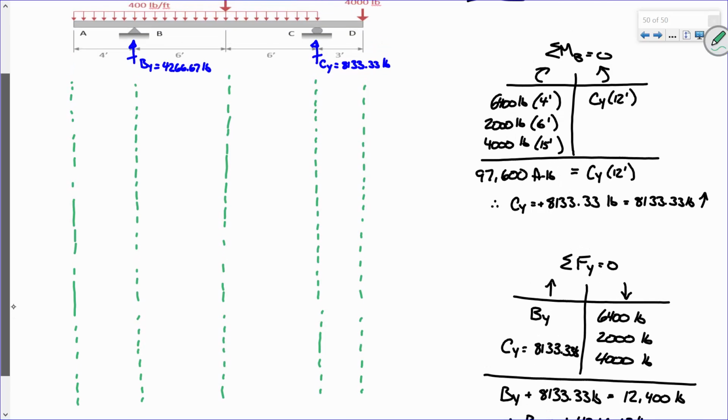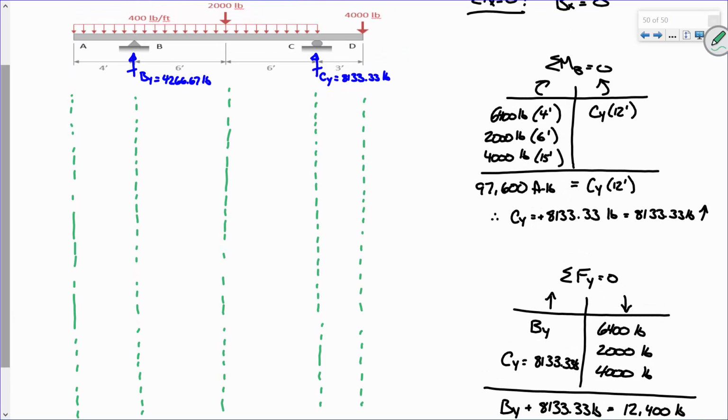That should be enough. So let me move that. Come on. There we go.